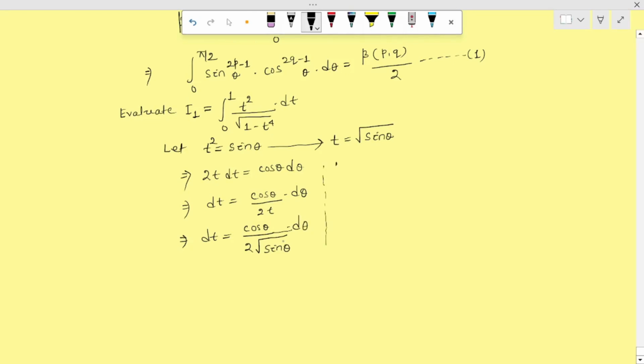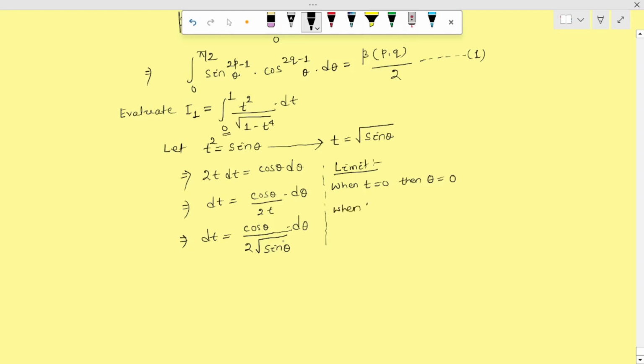Then we are going to consider the new limit. Here you can see we considered t square equal to sine theta, or t equal to root over of sine theta. So when t approaches 0, or t equal to 0, because 0 is the lower limit, theta at that time has to be 0, because theta will be sine inverse t, or you can simply put sine 0 equal to 0.